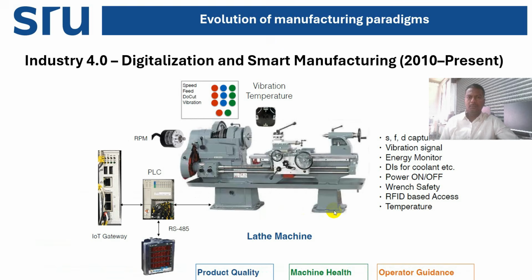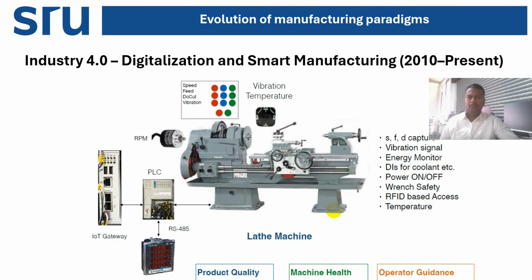Here you can see a modified version of the conventional lathe machine. This is an Industry 2.0 lathe, which can also be modified to Industry 4.0.